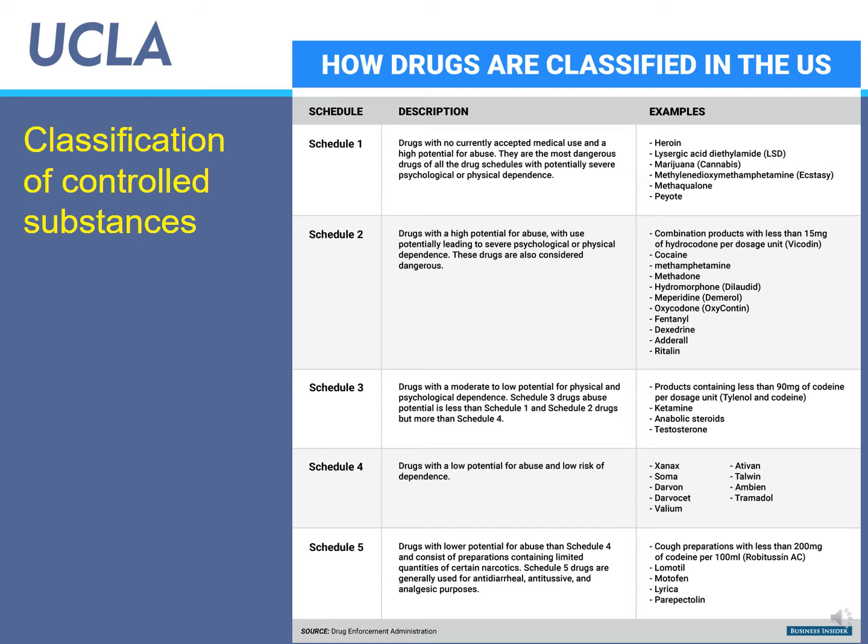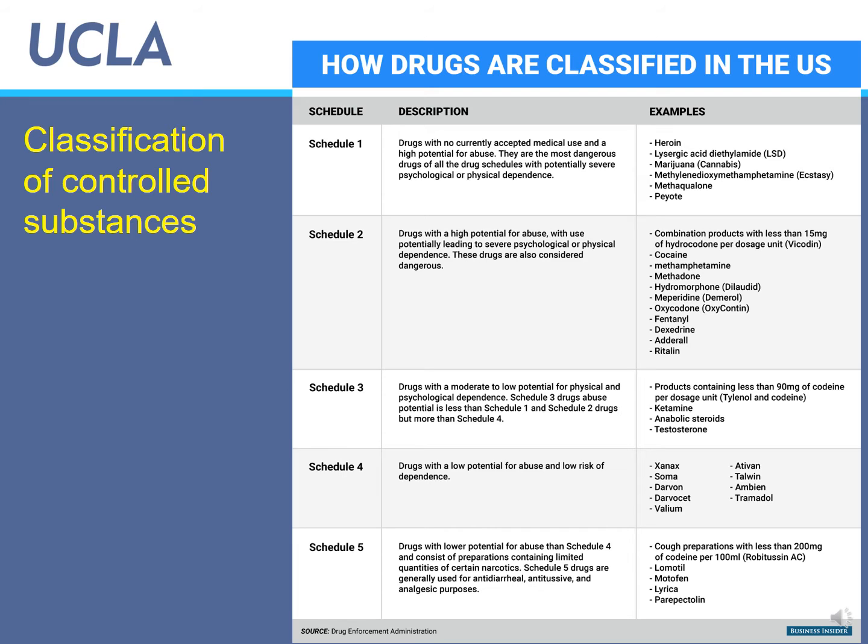And for the history, Vicodin and OxyContin used to be Schedule 3 drugs, until it became a real serious problem in the market. Even though they were Schedule 3 controlled drugs, they were the number one prescribed drugs in the United States for a very long time.